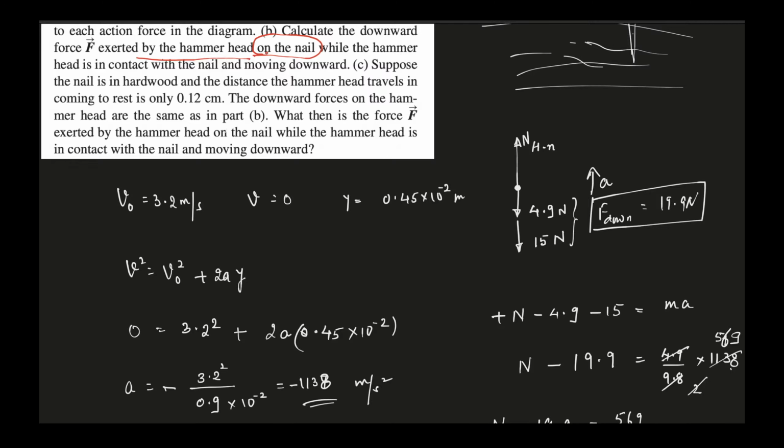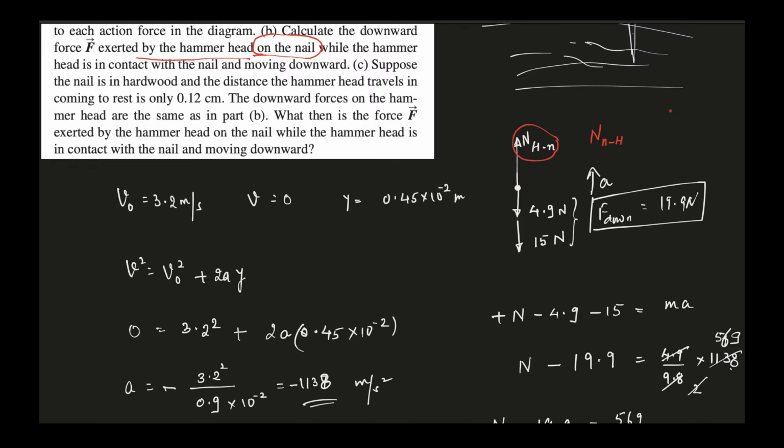What will be the force on the nail? So remember, the force on the nail would be the opposite of this normal reaction. The nail applies a force on the hammerhead, therefore an equal and opposite normal reaction on the nail by the hammerhead must act. Am I right?